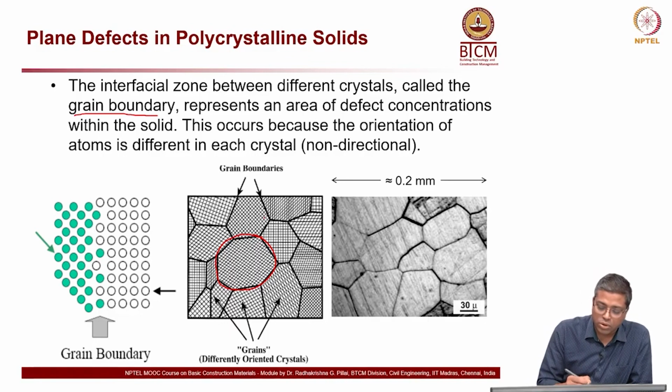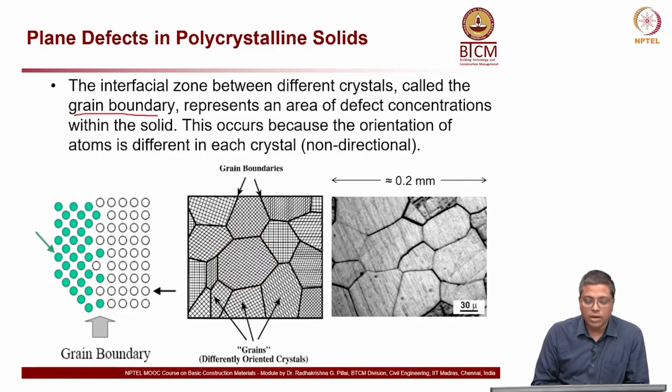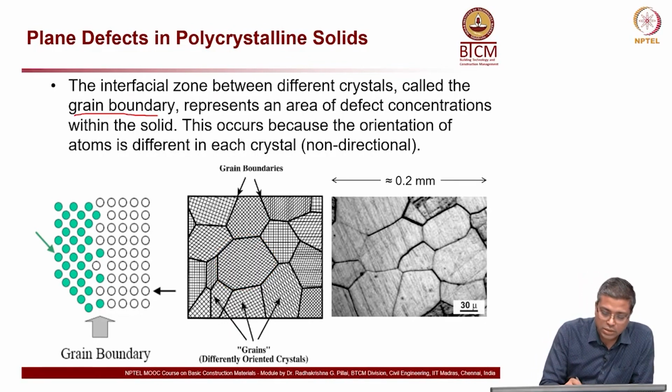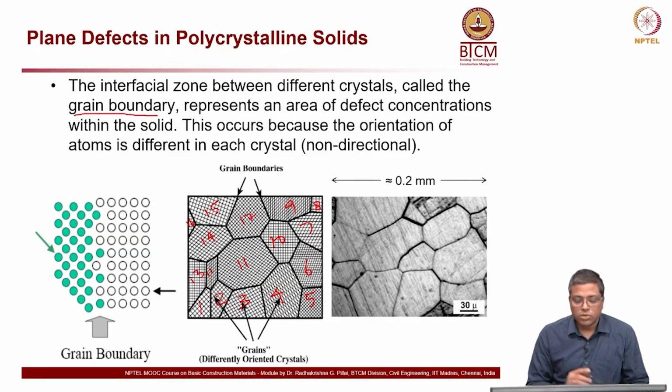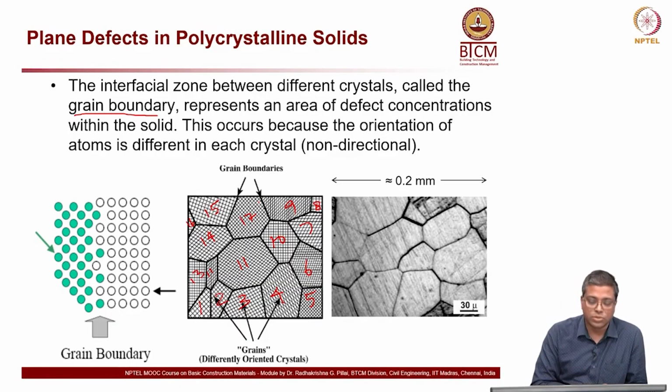If I count how many grains are there in the second drawing, I can say 1, 2, 3, 4, 5, 6, 7, 8, 9, 10, 11, 12, 13, 14, 15, 16 and 17. Some of them are of course partially visible, but there are 17 grains. So, it is very clear to you what a grain is.